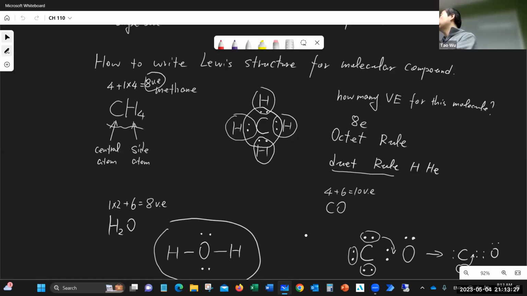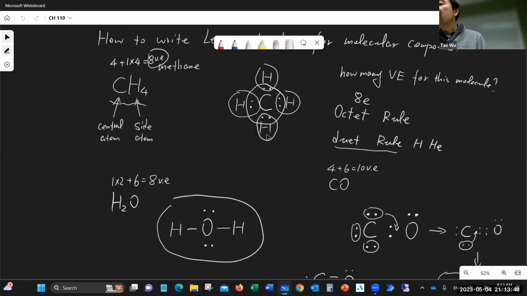Hydrogen only has 2 electrons, but for the other atoms, those are all 8 electrons. So assign the dots on the side atoms first. When those are filled, you start adding dots inside for the central atom.